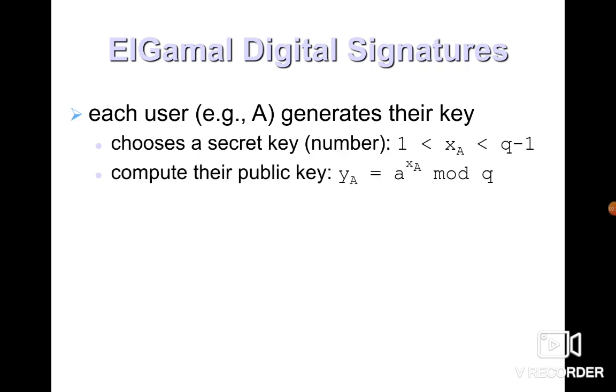After that he or she has to calculate the public key. The formula for calculating the public key is YA equal to A power XA modulus Q. This is very similar to Diffie-Hellman, YA equal to alpha power XA modulus Q, where alpha is the primitive root. Instead of alpha here we have taken it as A.